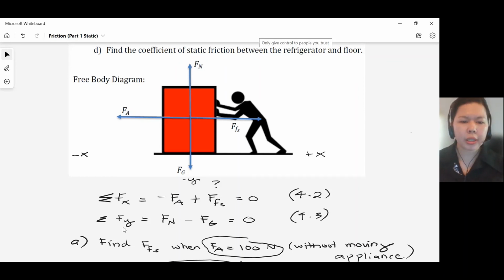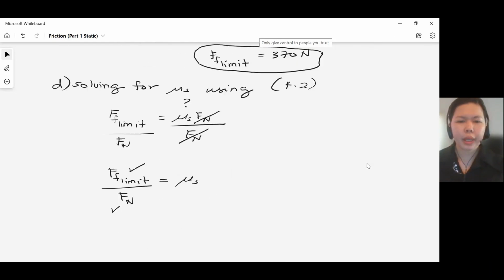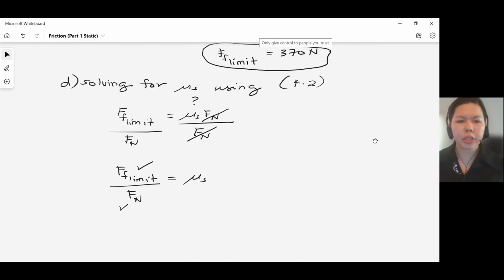In summation of Fy, Fn minus Fg equals 0. We're going to use this equation in order to get our Fn.